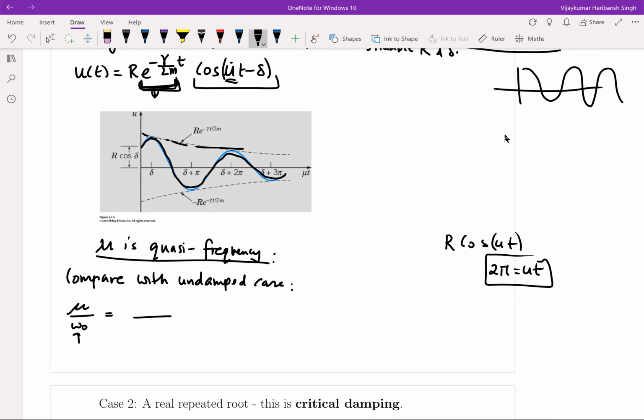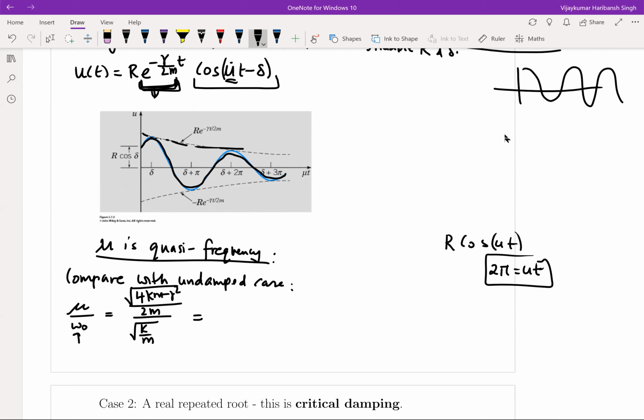It was square root of k by m, and mu is square root of 4km minus gamma square, divided by 2m.